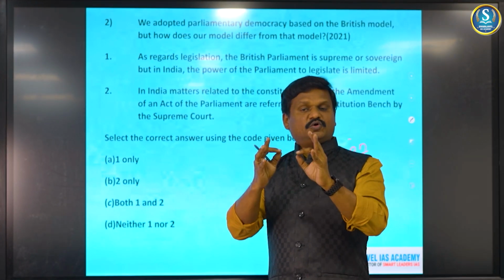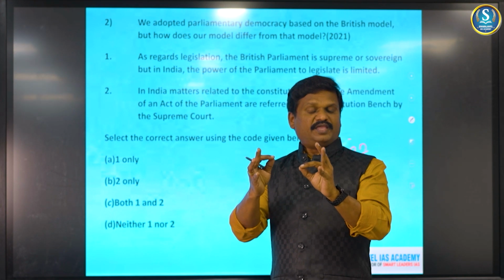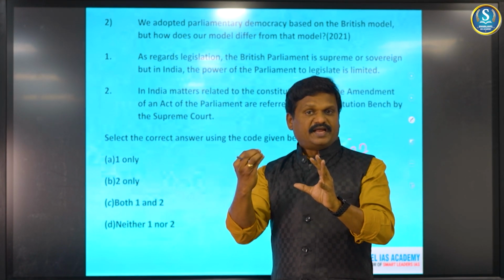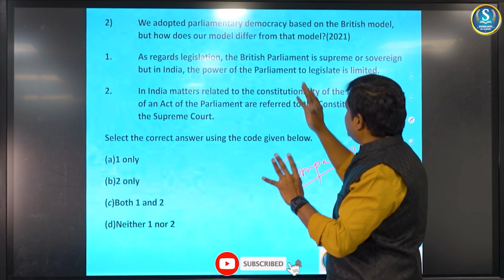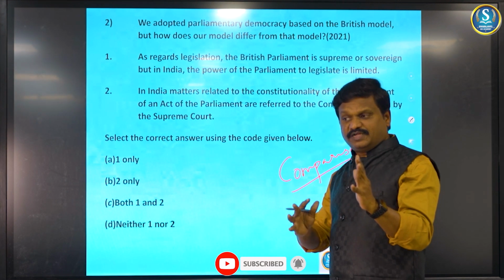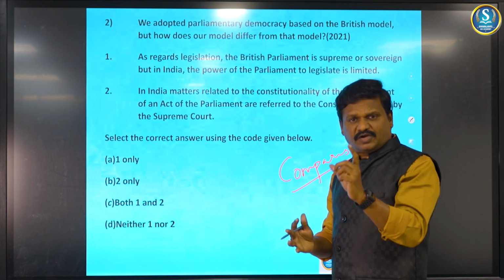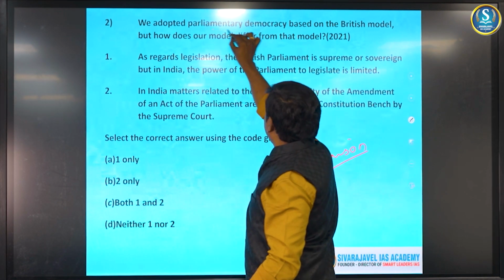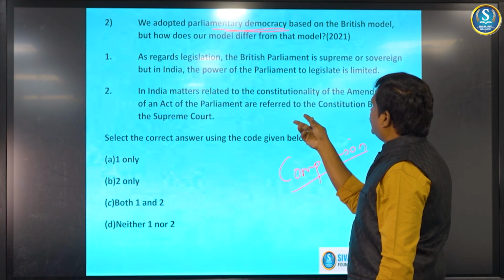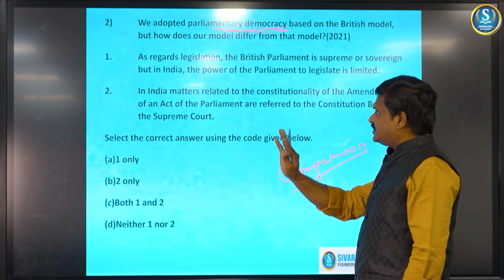For example, 250 provisions of Indian constitution have been directly lifted from Government of India Act 1935. So, it is natural that they will compare the system of British with that of India. Which system we have adopted from British? Parliamentary system. So parliamentary democracy is the question. How parliamentary democracy differs in these 2 countries is the question.